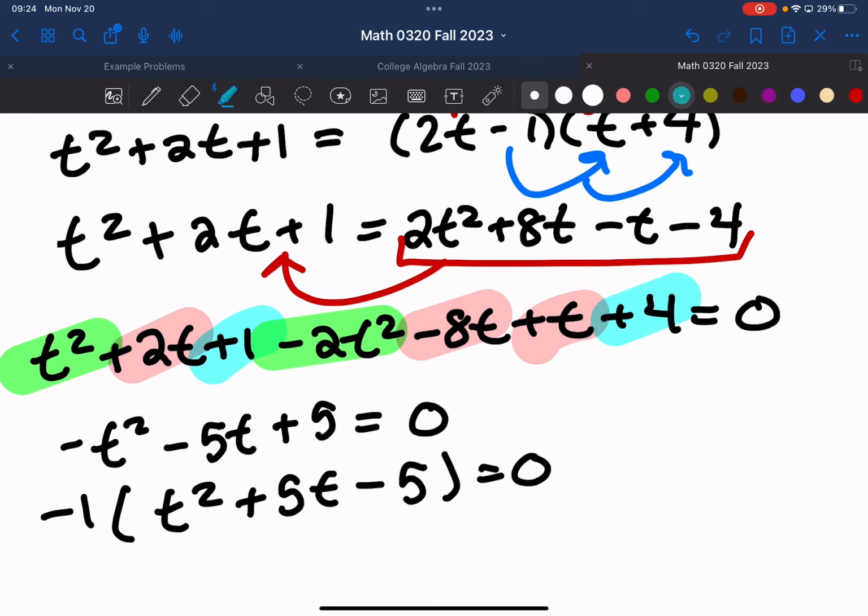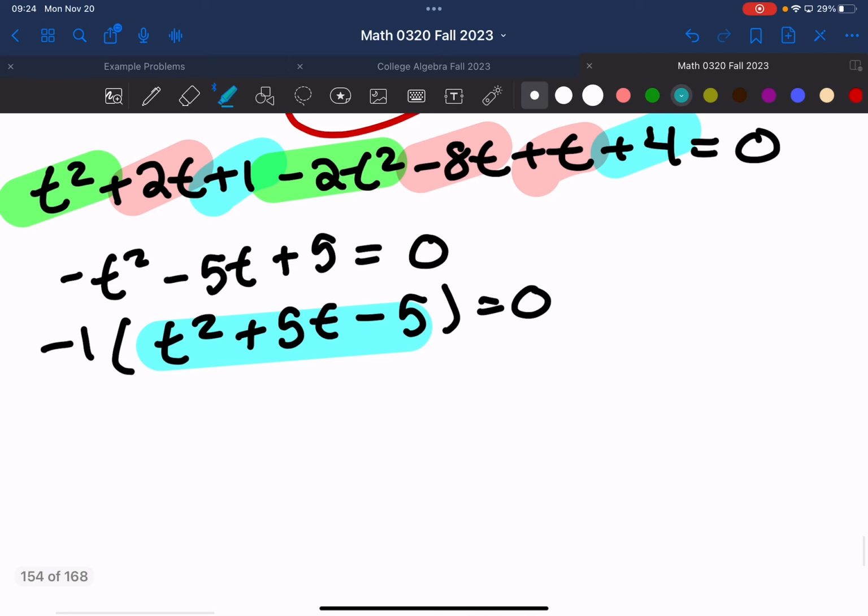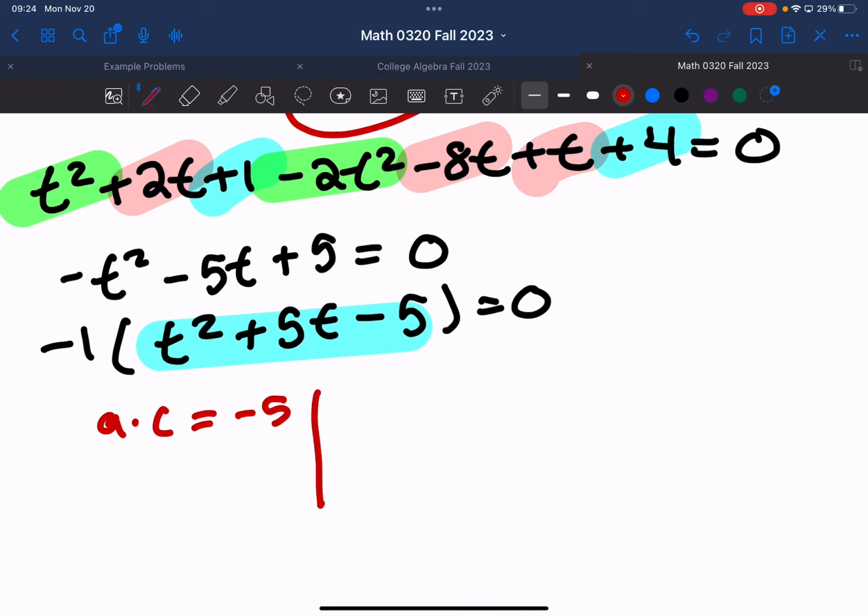So I'm only looking at this inside part, and I'm going to do my AC method. So A times C is equal to what? Negative 5, and my B value is 5. Okay? I need to find two numbers that multiply to negative 5 but add to positive 5.